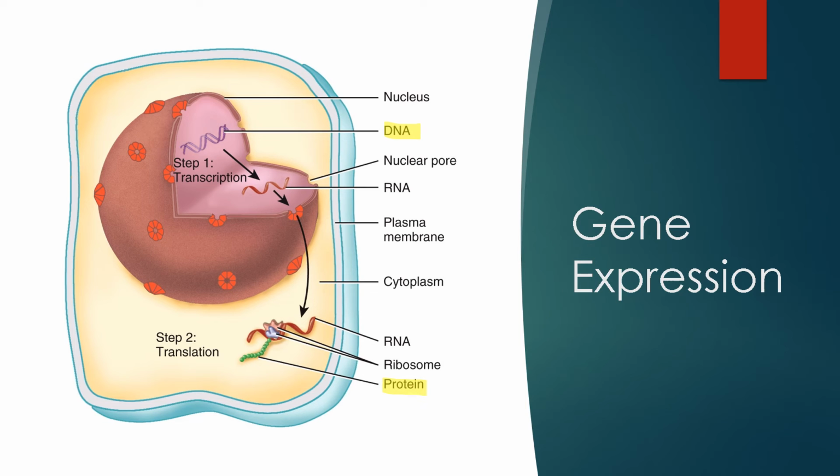So first, kind of step one, the DNA is going to be transcribed. Now, transcription essentially is a process where DNA is going to be rewritten into RNA. Specifically, DNA is going to be converted or rewritten into a specific type of RNA called mRNA, otherwise known as messenger RNA.